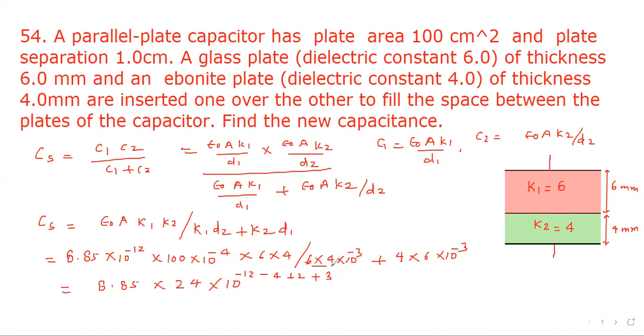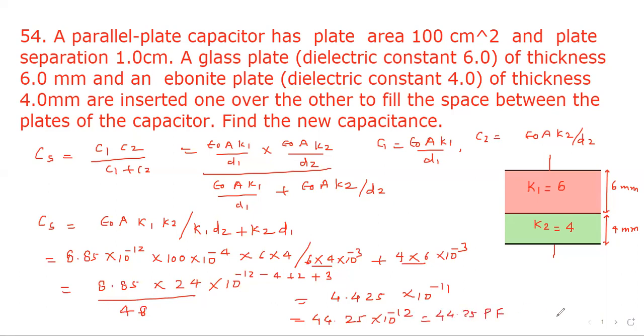This will be common. 6 into 4 is 24, 6 into 4 is 24, so 48 into 10 to the power minus 3, then minus 3 will go in the numerator. So divided by 48. We further simplify, so we will get 4.425 into 10 to the power minus 11, which can be written as 44.25 into 10 to the power minus 12, or 44.25 picofarad, which is our answer.